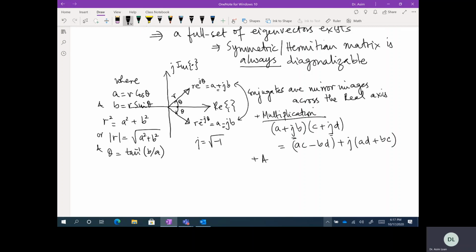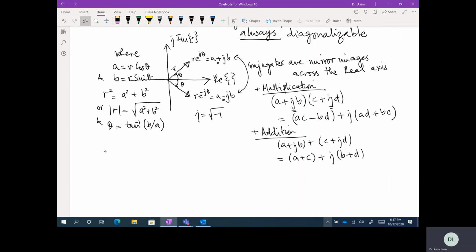And addition is like this: you add the real parts and add the corresponding imaginary parts. So A plus JB plus C plus JD is simply A plus C plus J times B plus D.